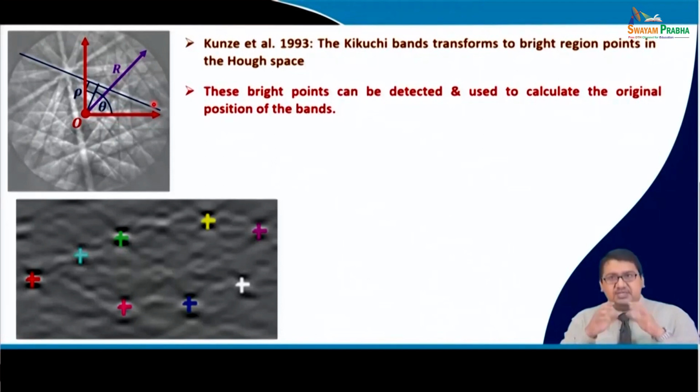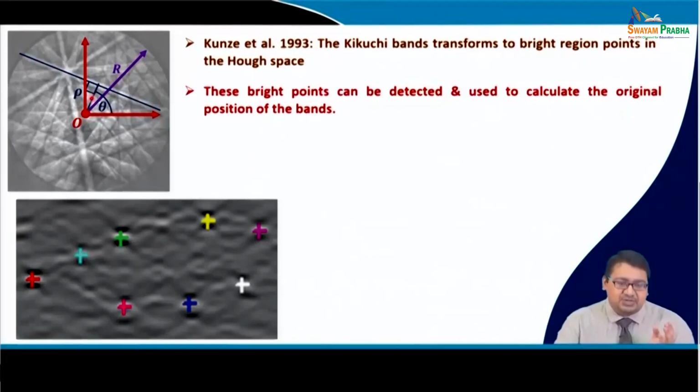Now, you see that using that calculation the band will have a particular rho and theta, a point in Hough space, that is the rho theta space, is determined, and from the point a back calculation is done to determine the position of the band. Now, why is it done so?